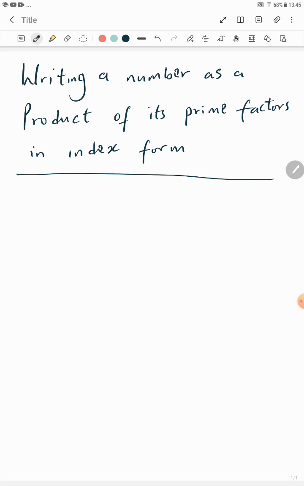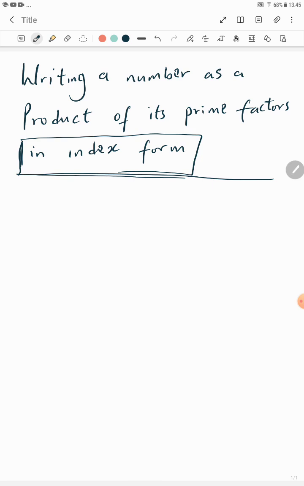In this class, we want to do a follow-up to the previous class. It's still on writing a number as a product of its prime factors, but this time we want to see how we can leave our answer in index form so that we will not be taking much space in writing those prime factors.